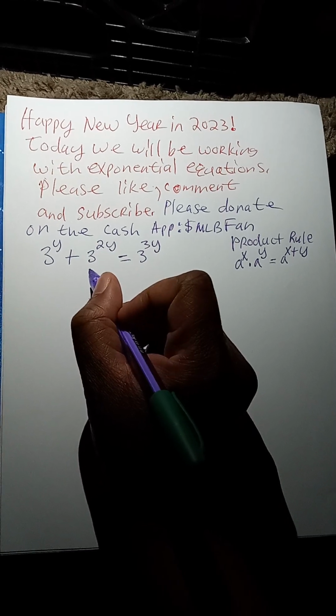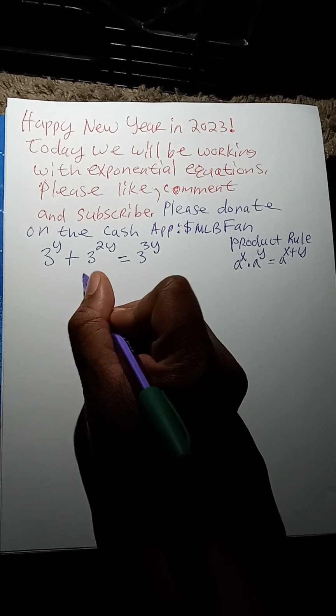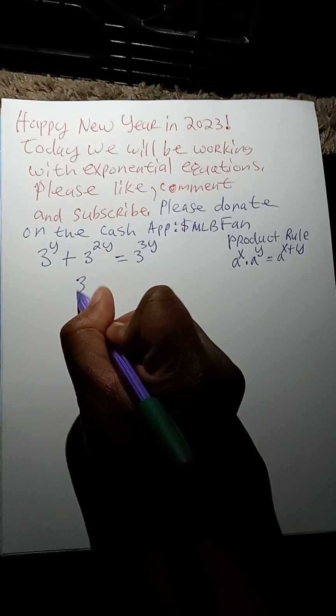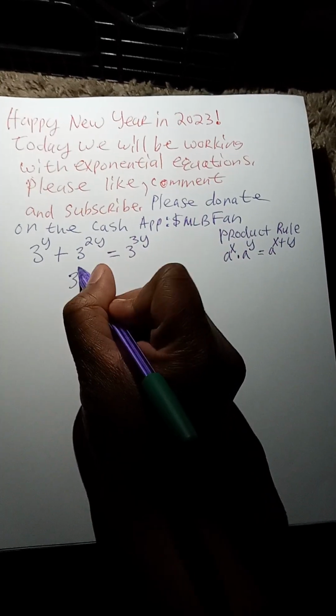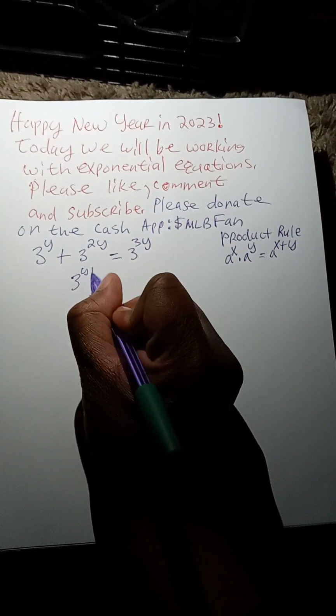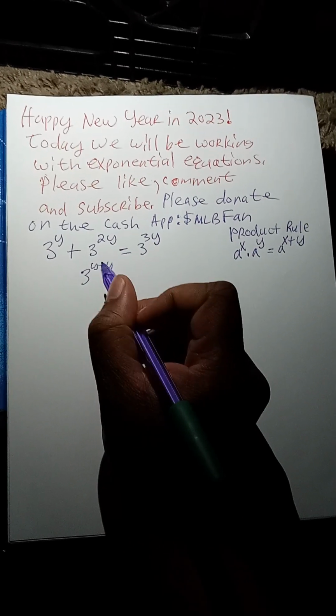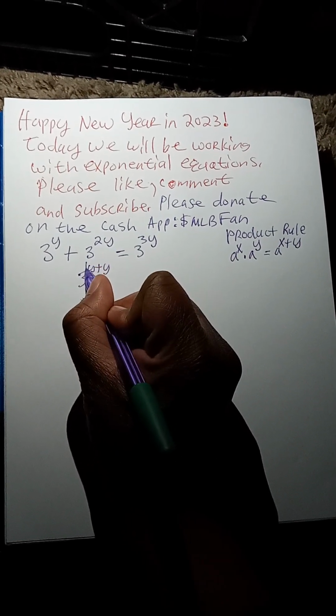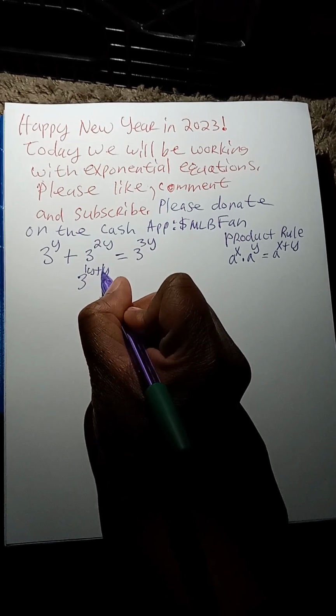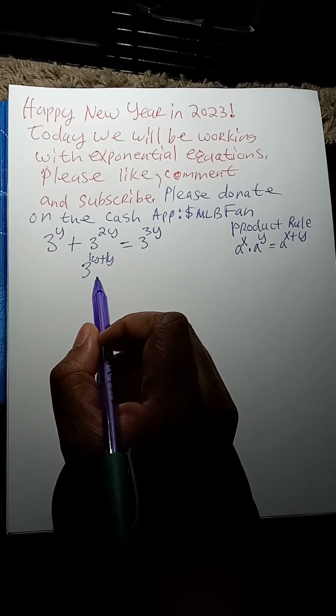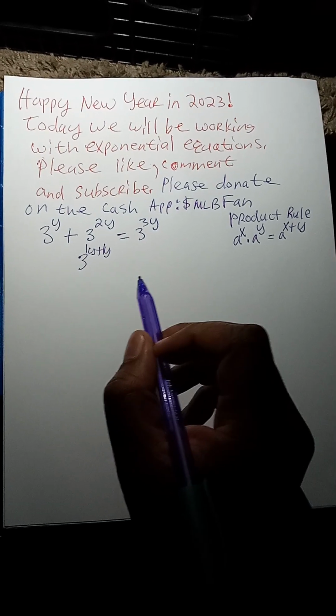3 to the 2y can be broken down as 3 to the y plus y, and put a 1 in front of that as well. So you can see 1y plus 1y is 2y.